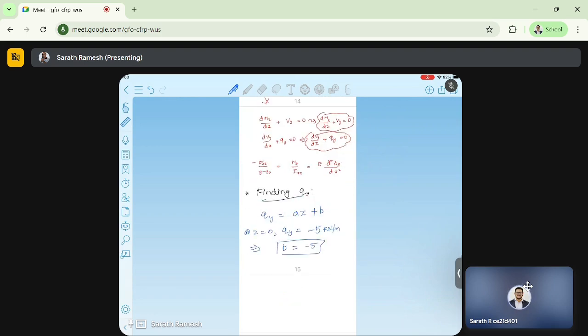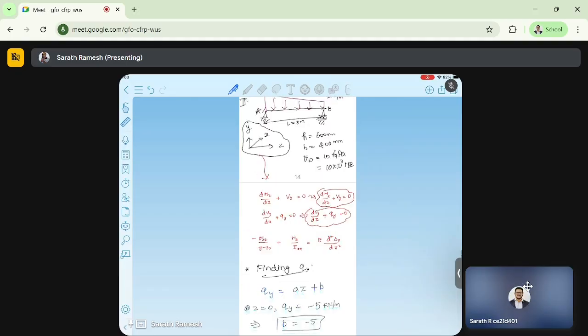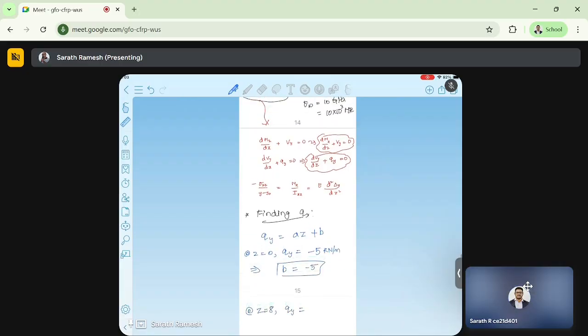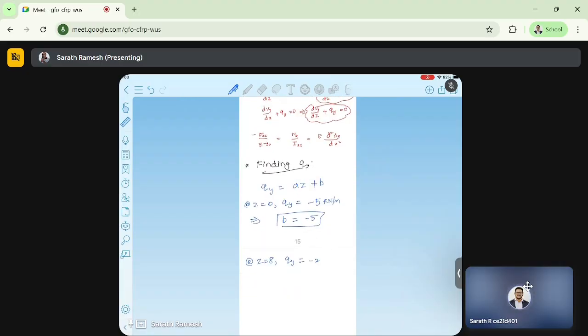Okay. And at z equal to 8, my qy will be minus 2. So this implies minus 2 is equal to a into 8 minus 5. So this implies 5 minus 2 is 3, by 8 is a.